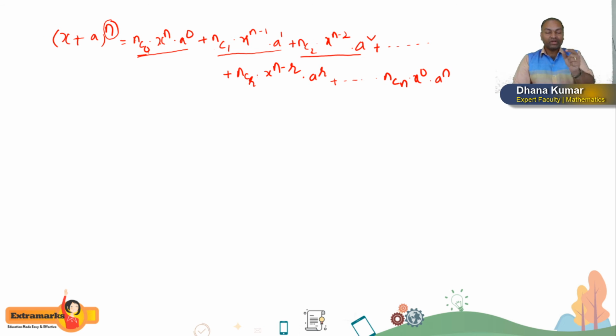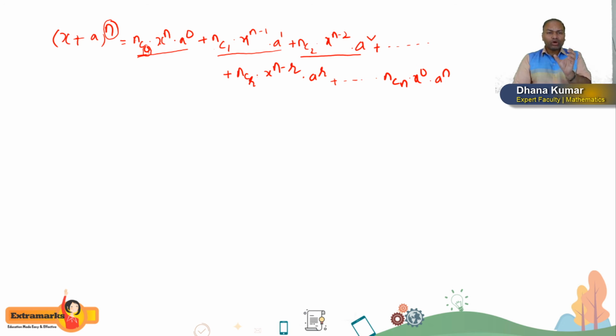In every term, the first element's power is upper suffix minus lower suffix. For the second element, the power is whatever the lower suffix is: 0, 1, 2, r, n. And one more point, in every term, the sum of powers of first and second elements is equal to n, the index. Clear?